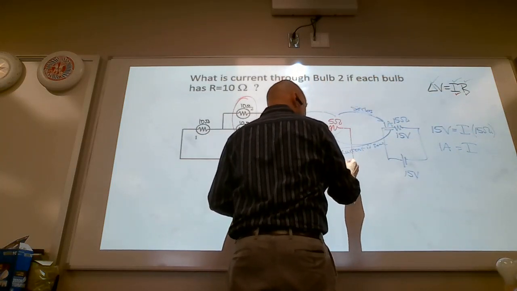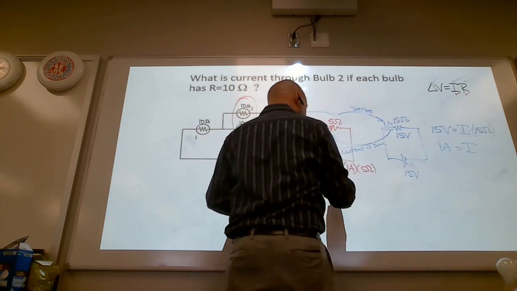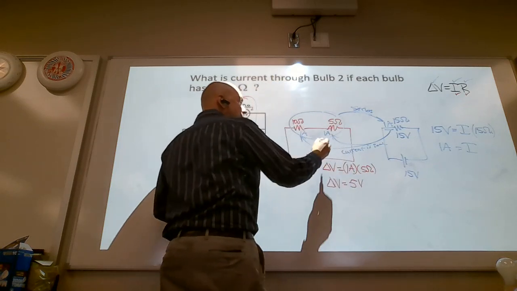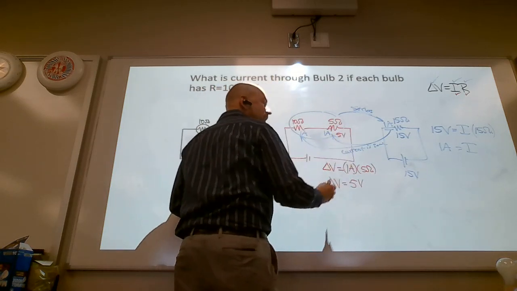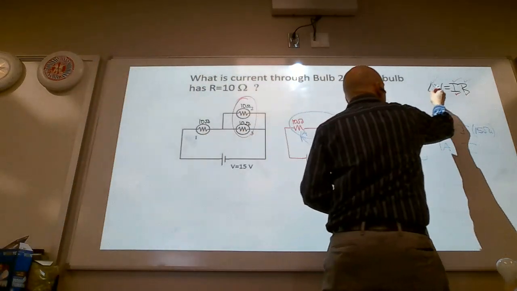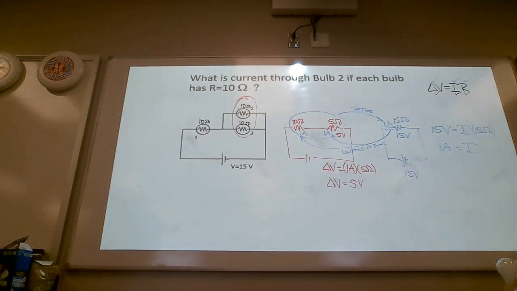Voltage is equal to current times resistance. 5 volts. I know there's 5 volts across that guy. You good there?